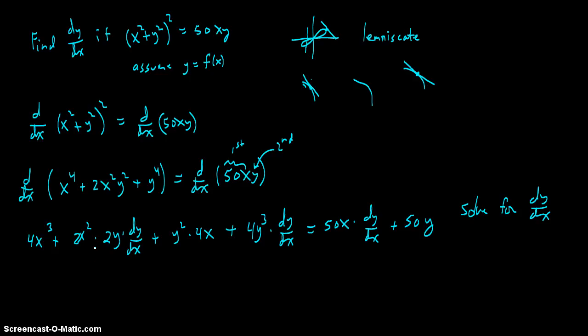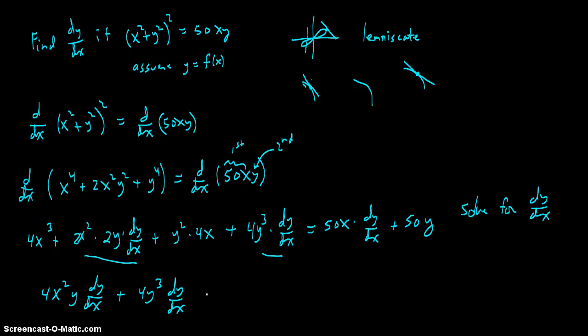The terms with dy/dx we'll put on the left. So we have a dy/dx term with coefficient 4x squared y, times dy/dx. We have another dy/dx term, so plus 4y cubed dy/dx.